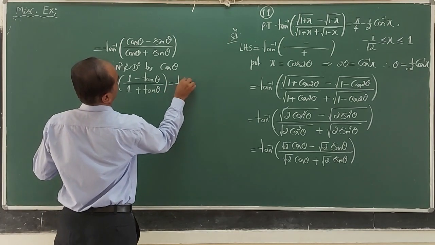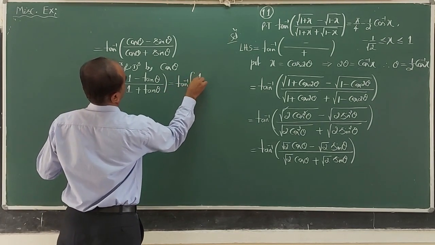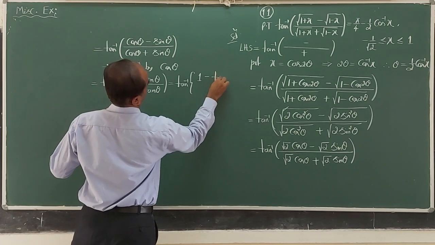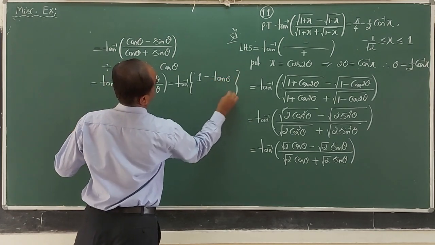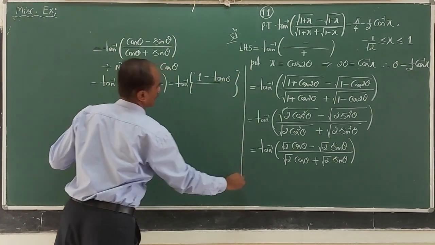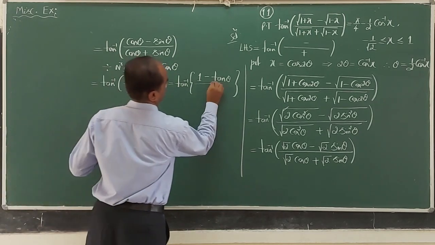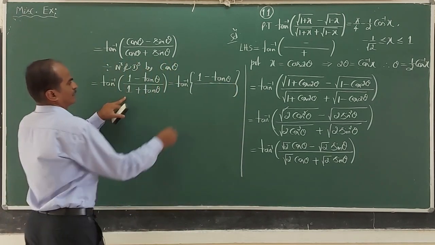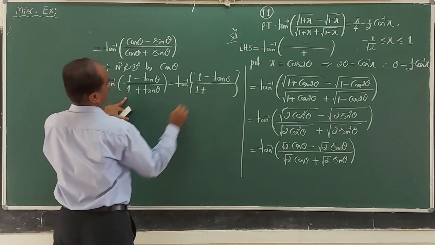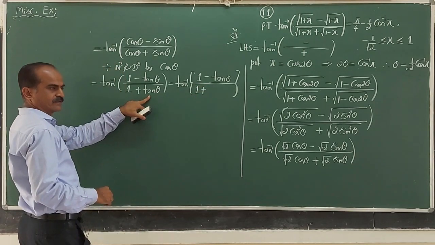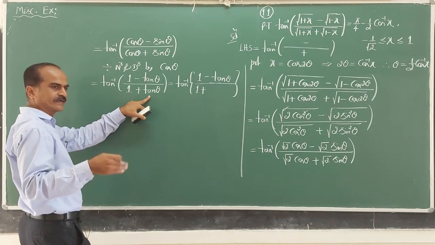It is a tan inverse of 1 minus tan theta divided by 1 plus tan theta. Without changing its value, I can write it as 1 into tan theta.